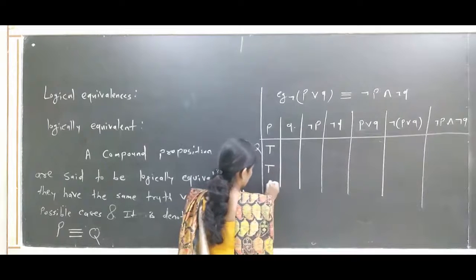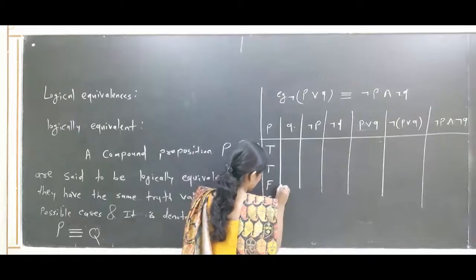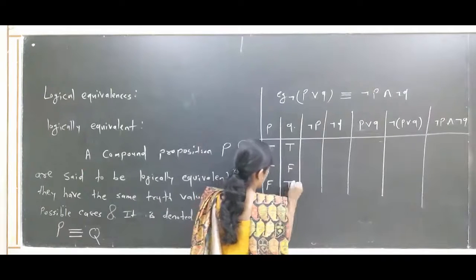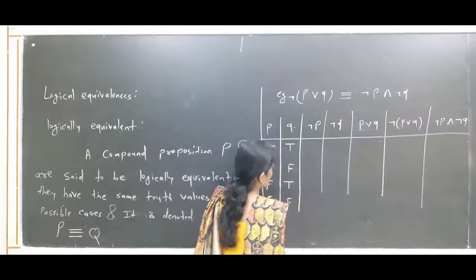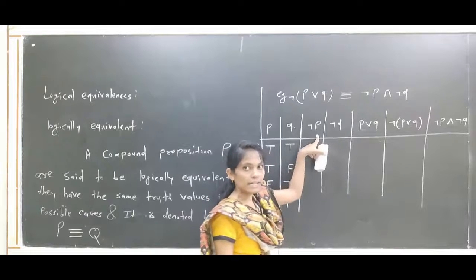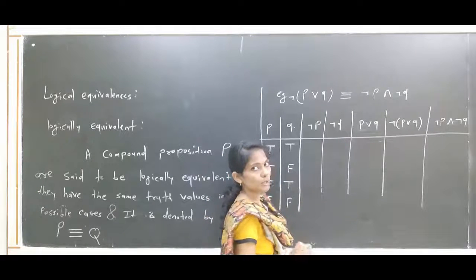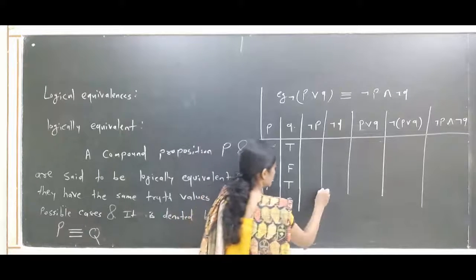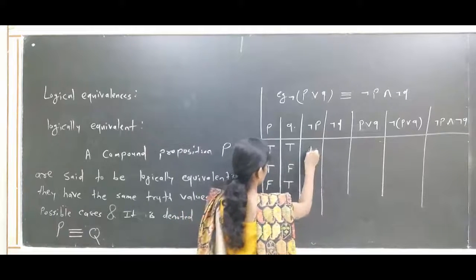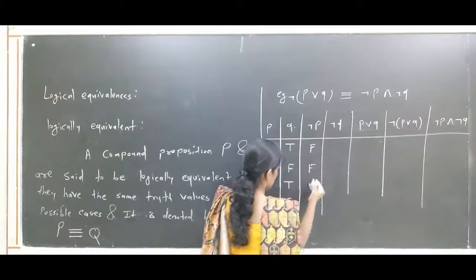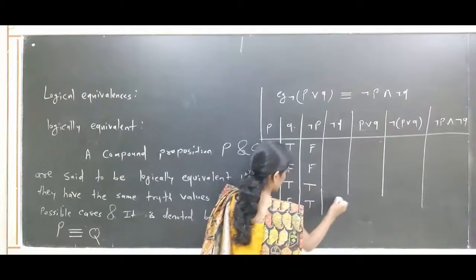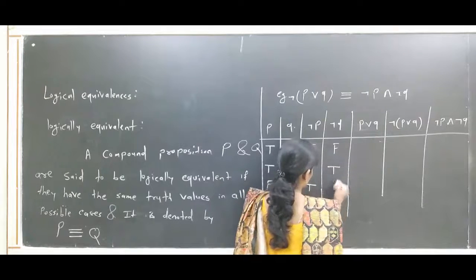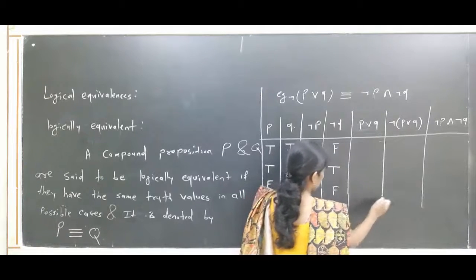T, T, F, F, T, F, T, F. Now negation of P: if the value of a proposition is true, then its negation is false, and vice versa. So we get false, false, true, true. Similarly for negation Q: false, true, false, true.